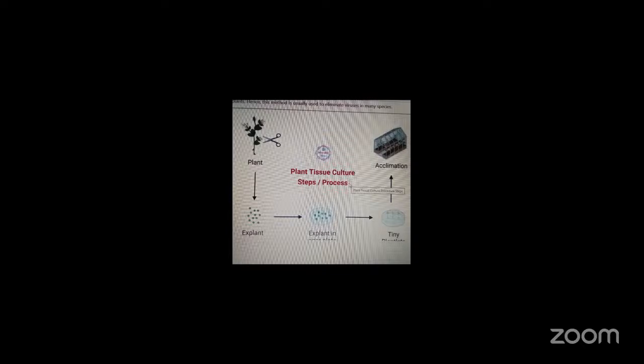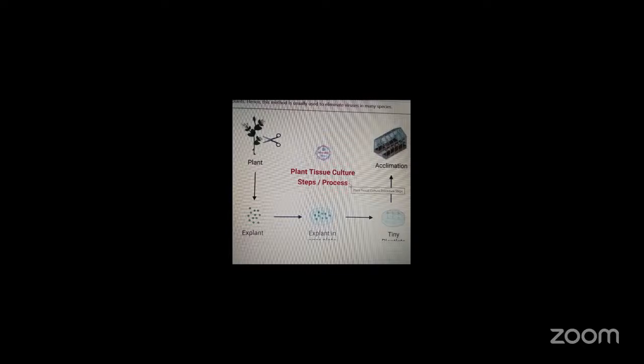Another one is somatic embryogenesis. Somatic embryogenesis is an asexual developmental process that produces a bipolar embryo with a closed vascular system from the somatic tissues of plants.